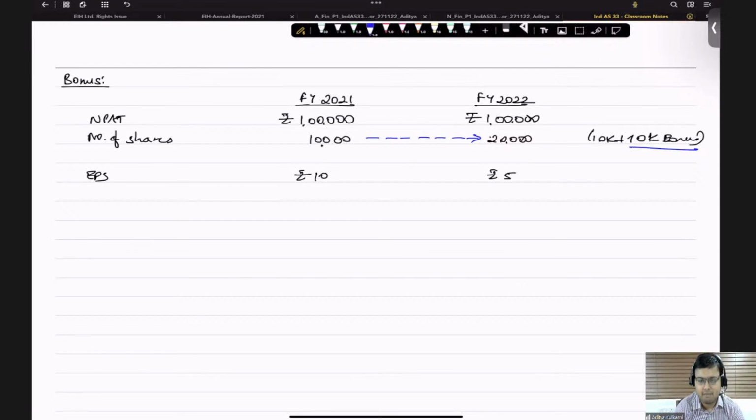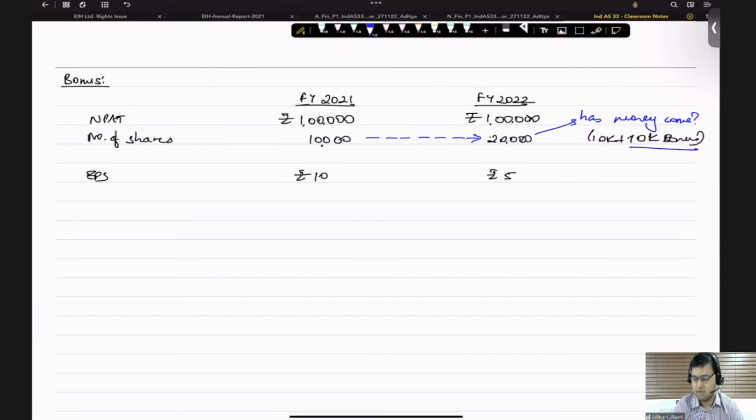Give me a very simple answer. Has money come? पैसा आया है क्या मेरे अकाउंट में on account of the extra 10,000 shares which are there? Has the money come? No.